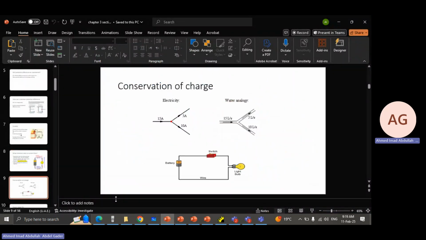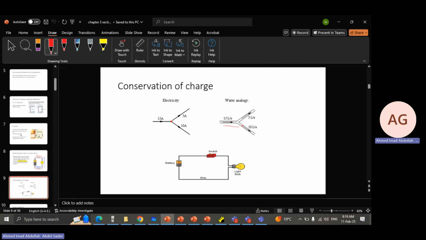Next, we will explore the conservation of charge. As we can see here on the right, I like to use water as an analogy. Suppose we have a main pipe which flows into this junction, this Y configuration, and water will flow off to these 2 branches, the branch on the bottom and the branch on the top.